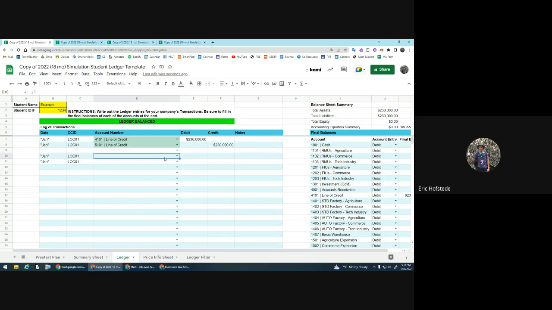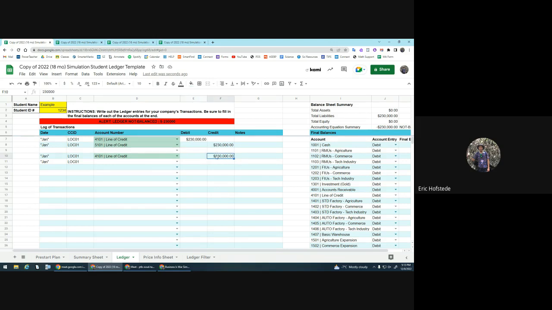So I am first going to get rid of this potential future line of credit. So my line of credit asset that I might have, I'm going to turn into an asset that I actually have. So I'm going to take out my $230,000 from my line of credit.